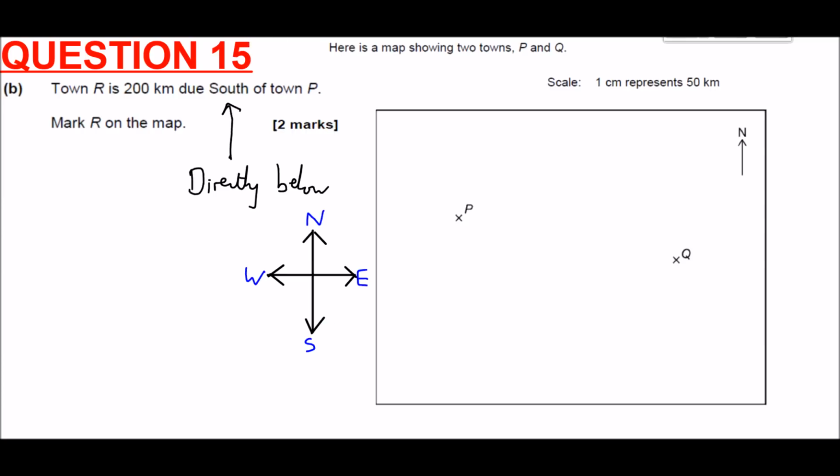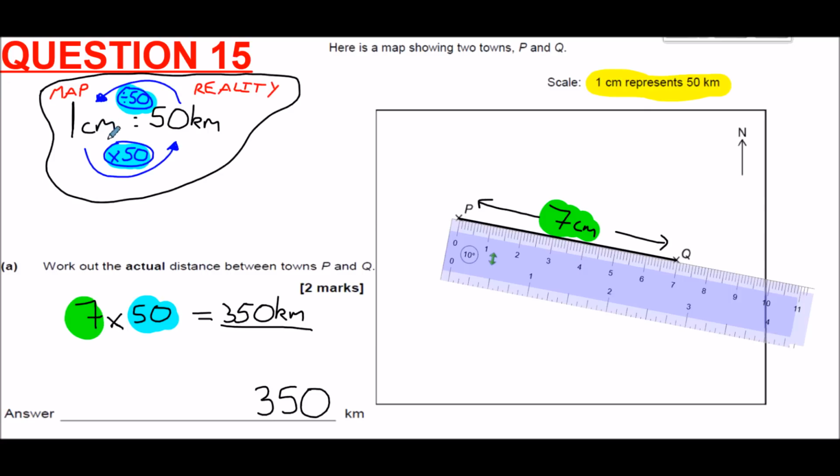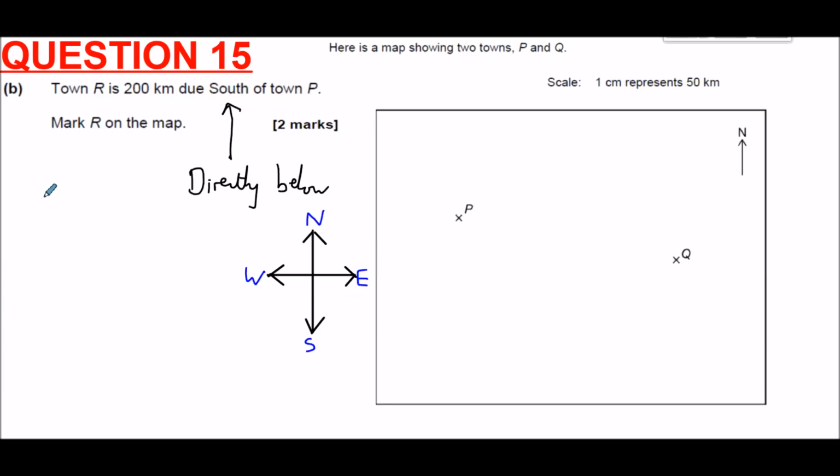So if I just return for a second to the scale we had in part A, 1 centimetre, 50 kilometres, we can use this to work out where to place it on the map. So here we're saying town R is 200 kilometres due south of town P. If 1 centimetre is 50 kilometres, how many centimetres would be 200 kilometres?